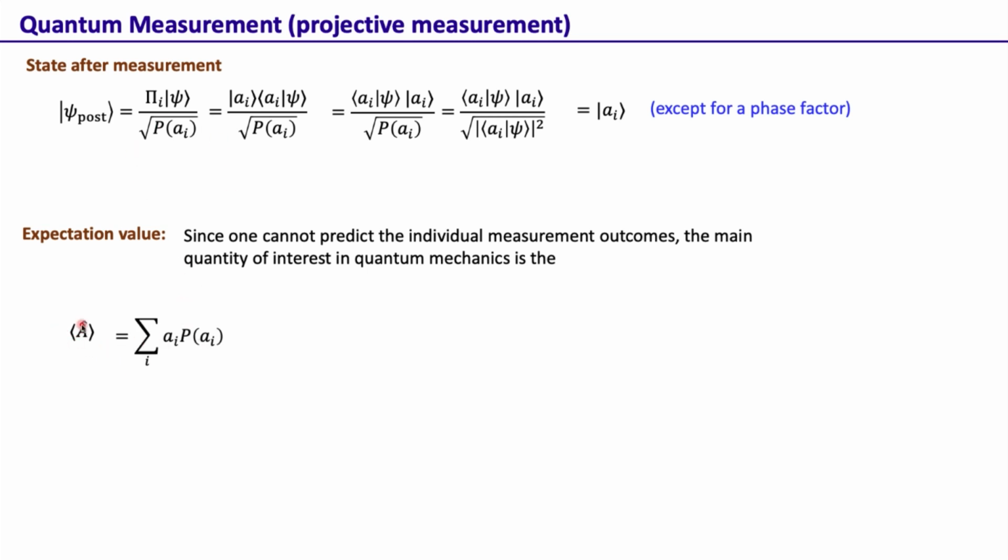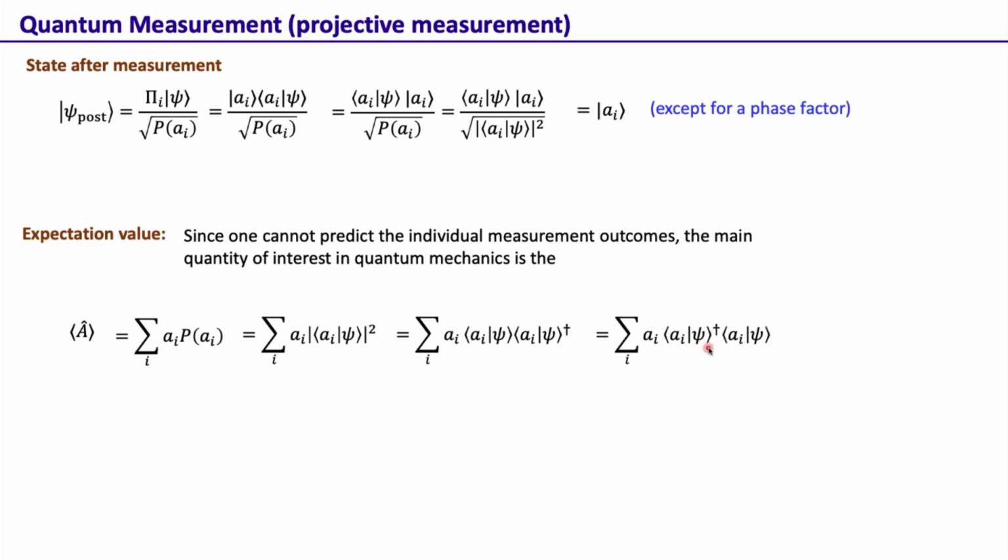So the expectation value of A is written like this, and that is the eigenvalue times the probability of getting that particular eigenvalue. This we write as the mod square of a_i psi, expand it like this, then we can swap it like that. Again, write it, just get rid of this dagger, and then this is essentially this.